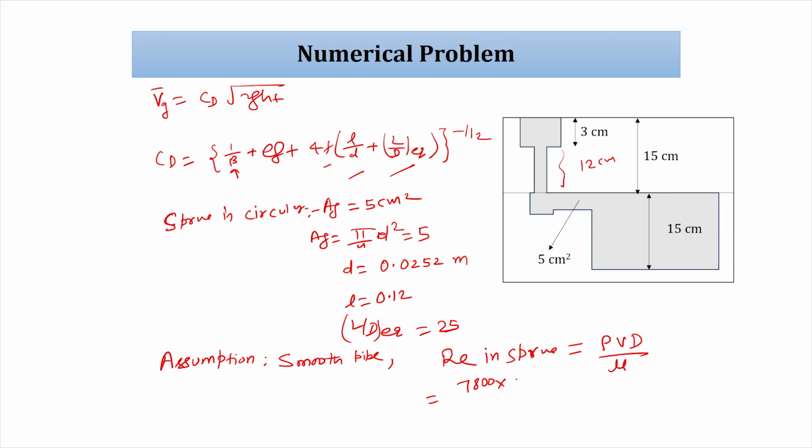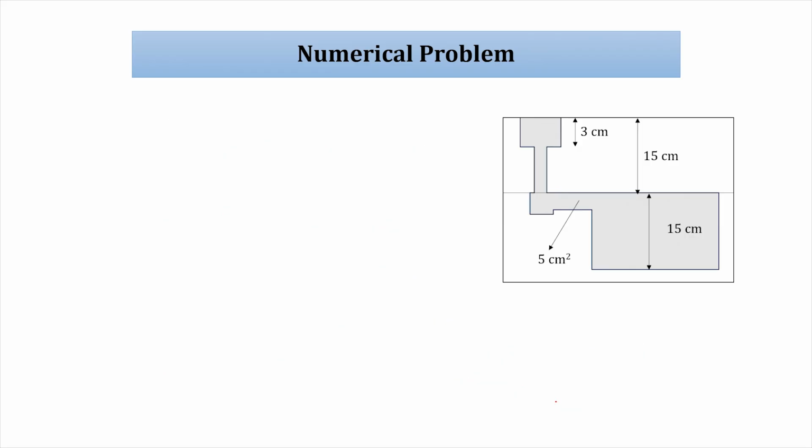CD and D we know, and mu is 0.00496. For iteration, for a trial, we assume there is no loss first. So, CD equal to 1, we will go for that.